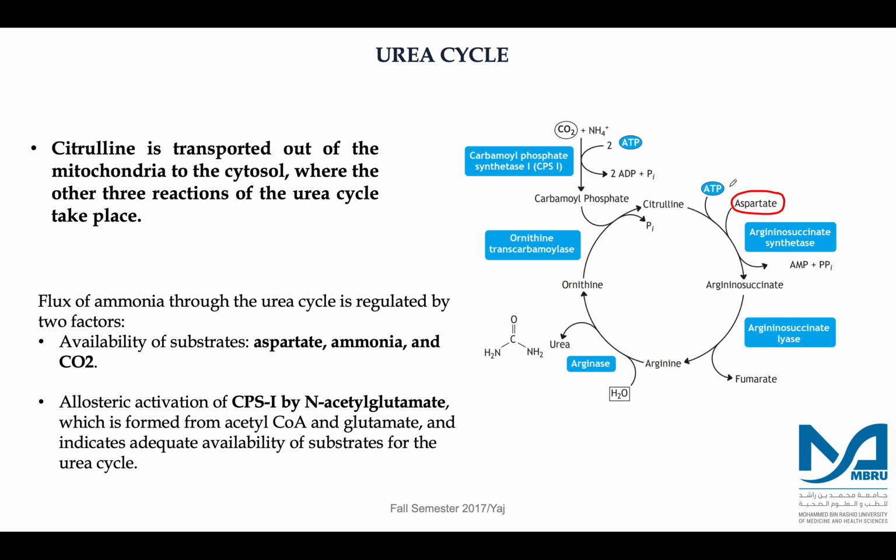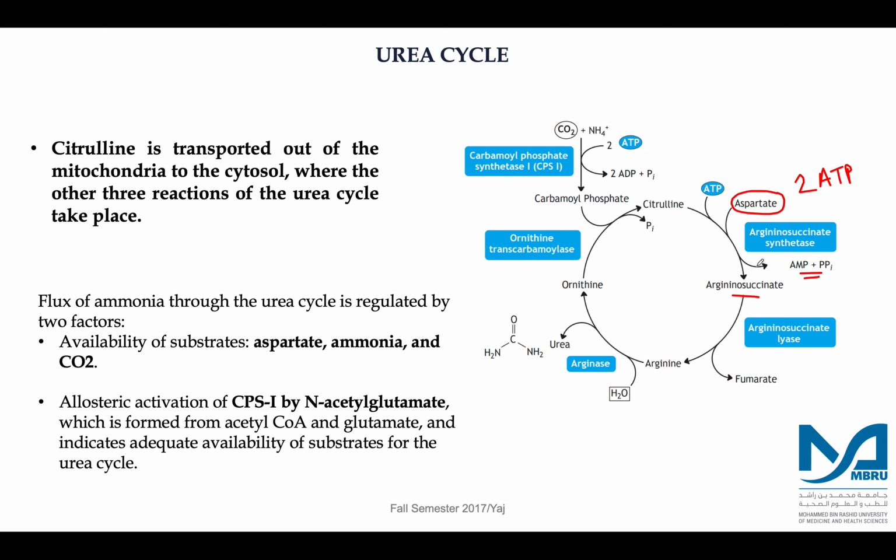In the process of this particular reaction, that is the conversion of citrulline to argininosuccinate, in the presence of aspartate, I am taking 1 ATP, but I am breaking down 2 high energy phosphate bonds. So in this particular step, I have used 2 ATP molecules. Very, very important.